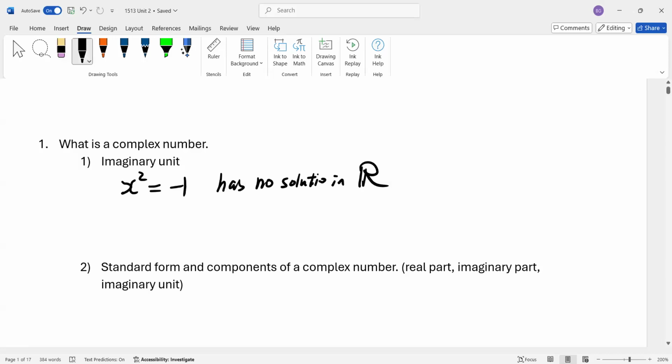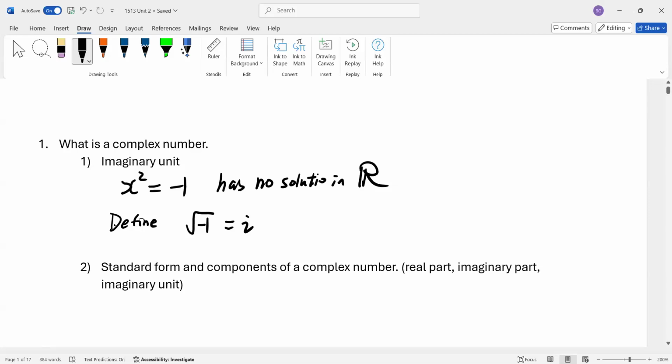And they define square root of 91 as i. And i is the imaginary unit. And i is not a real number.